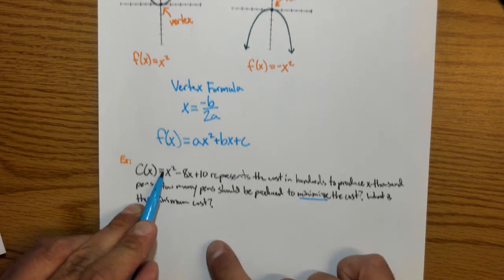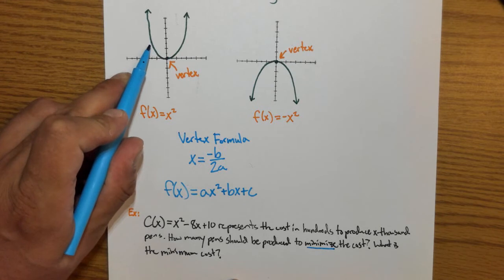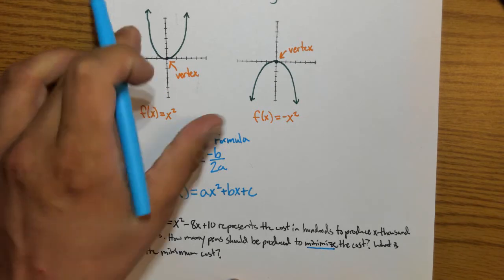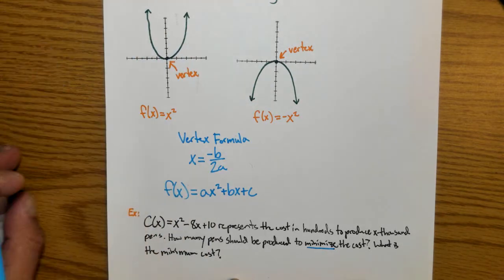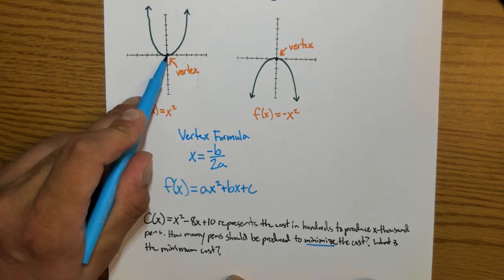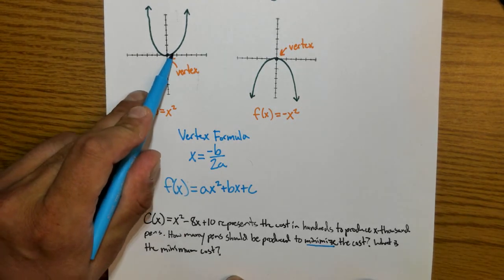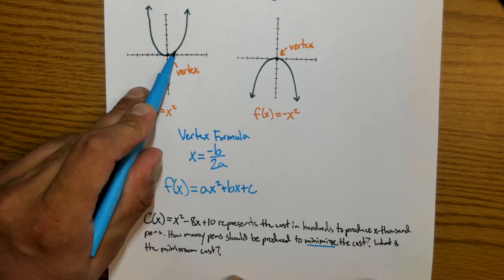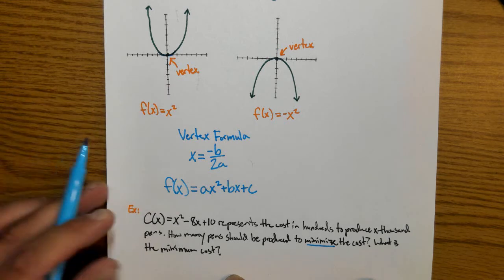It's a positive, which means it's going to look somewhat like this, placed somewhere on the graph. But we want to hit that sweet spot of the vertex, the very bottom, to minimize the cost. So it's less than anywhere else, the lowest part of the function, right?